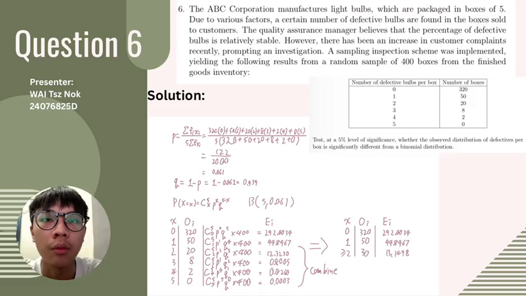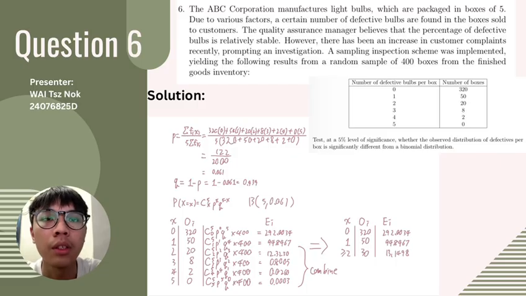So we can calculate the probability of a defective bolt by the number of defectives divided by the total number of bolts, and find Q by Q equals 1 minus P. Next, using P equal to 0.061, Q equal to 0.939, and n equal to 5, we can compute the binomial probabilities for the numbers of defectives in a box, and then multiply by 400 to get the expected frequency.